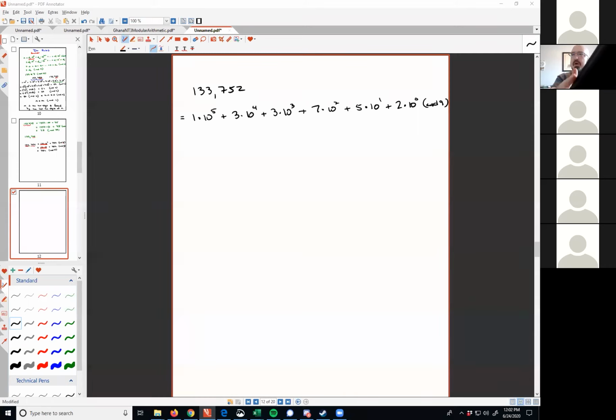Okay, so let's talk about what non-Norley just told us. Non-Norley just pointed out that all of these powers of 10 are just 1 mod 9.